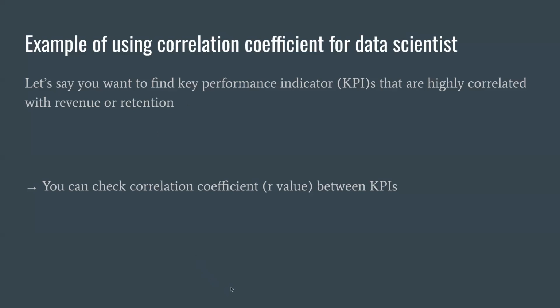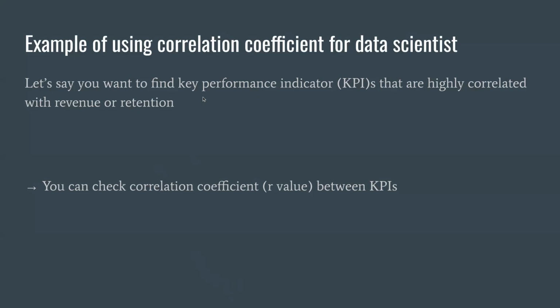So here's an example of using the correlation coefficient for data scientists. Say you want to find a key performance indicator for your company that is highly correlated with revenue or retention.